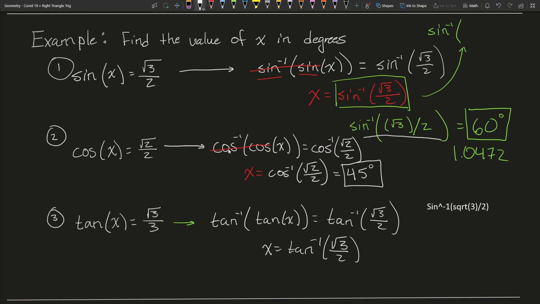Okay, so when we do that, so I got 40 on my calculator, 40.89. So I'll go over and show you how to do it on Desmos.